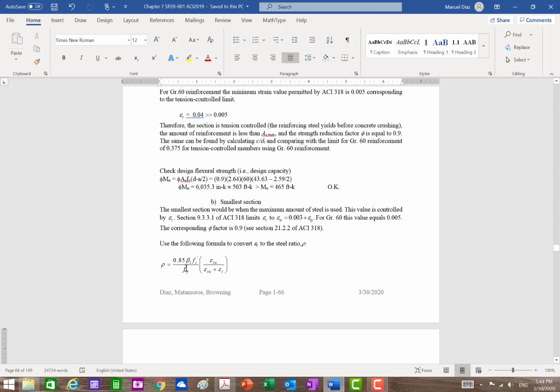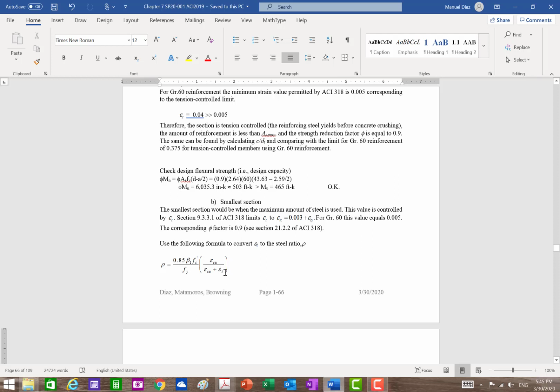Now, if you happen to have a formula for rho maximum, this is one of the places where you can use that formula. But really you don't need it, okay? Because remember, the maximum amount of steel is always this formula when you have epsilon t equal to the strain value corresponding to the tension control.